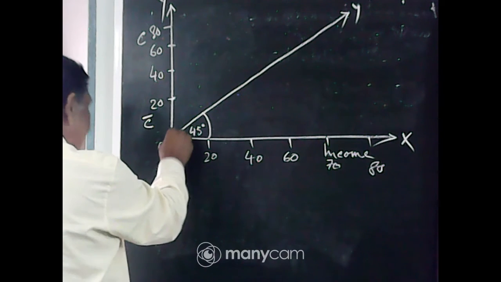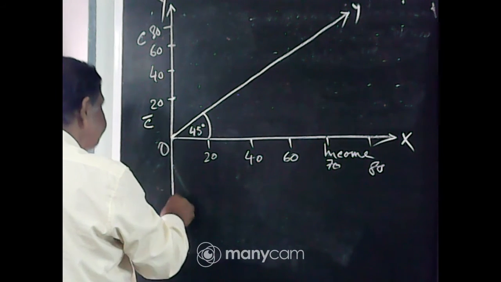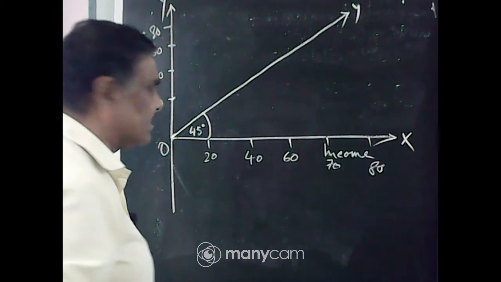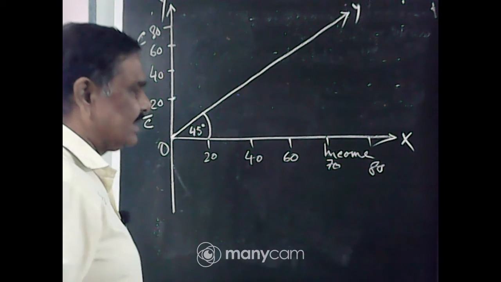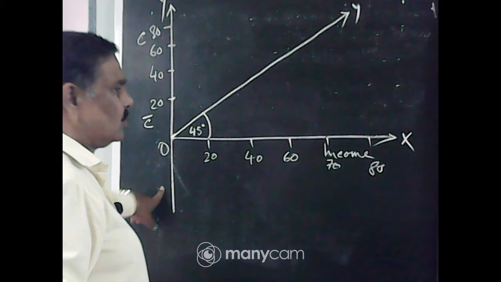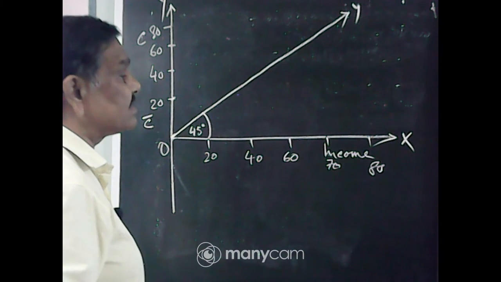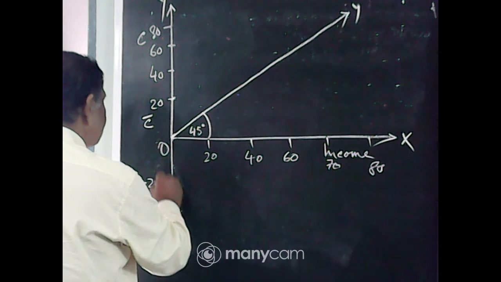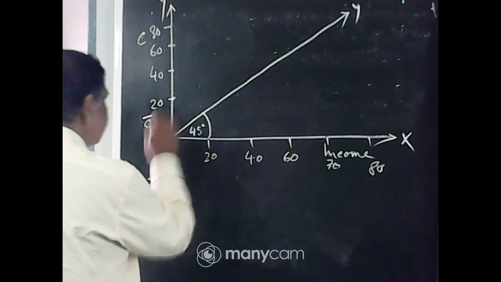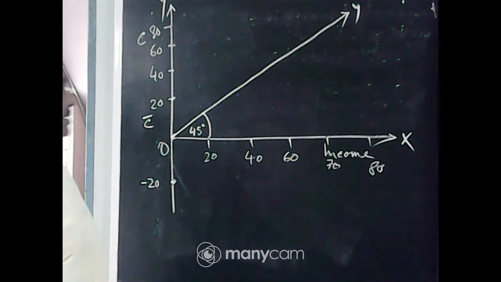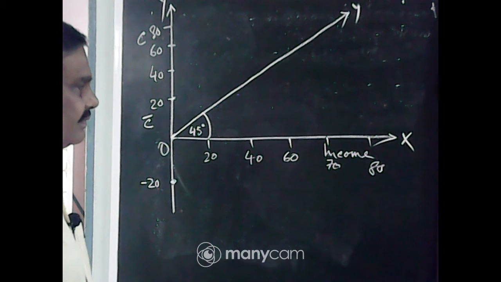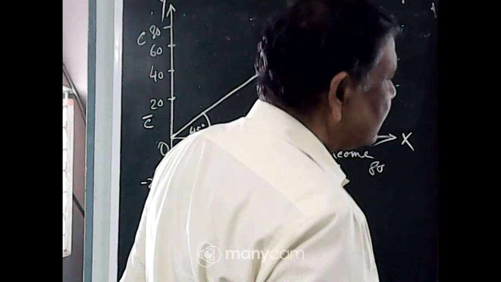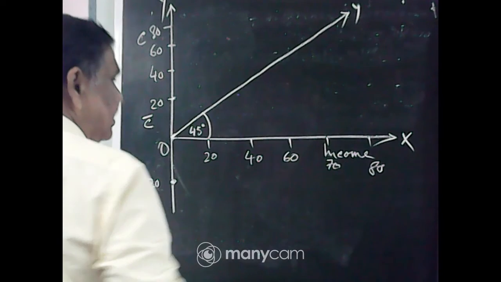Now, as 20 is the starting point of the consumption curve without any income, it may be denoted as minus saving 20 here. Suppose it is the starting of the saving curve.